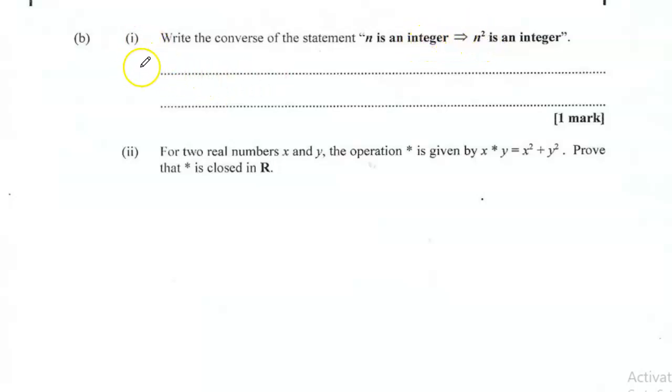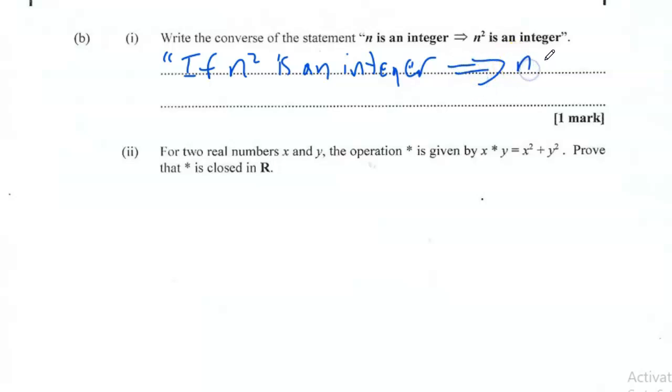So the converse would be: if n squared is an integer, then n is an integer. We put the conclusion at the front. That's the converse. So we simply switch around the two statements.